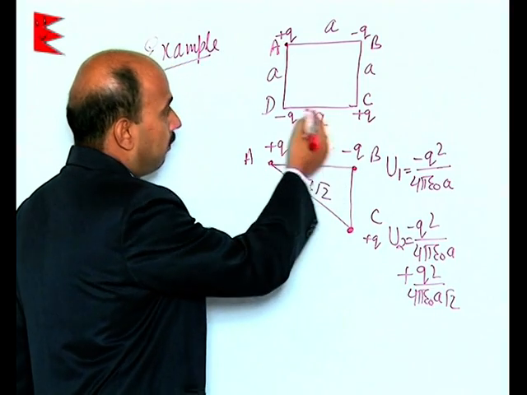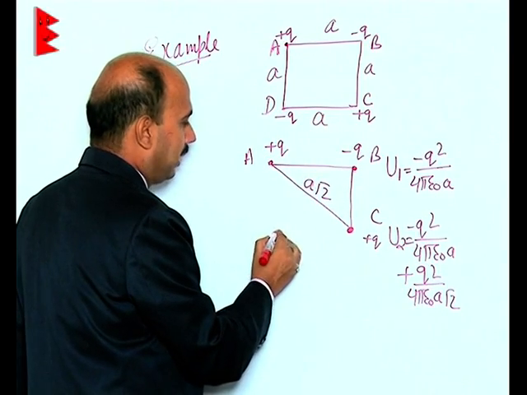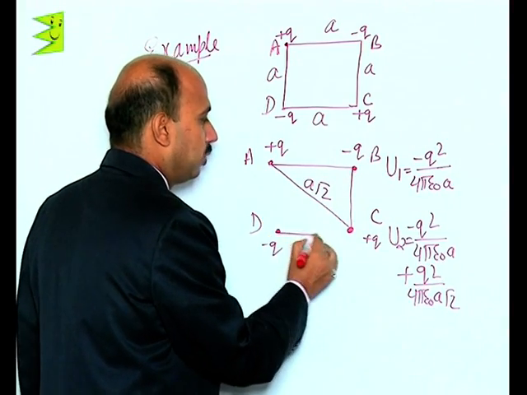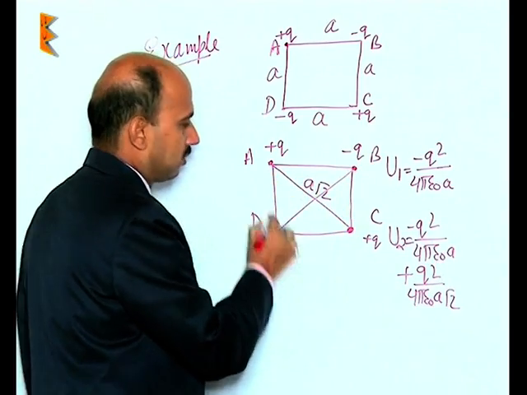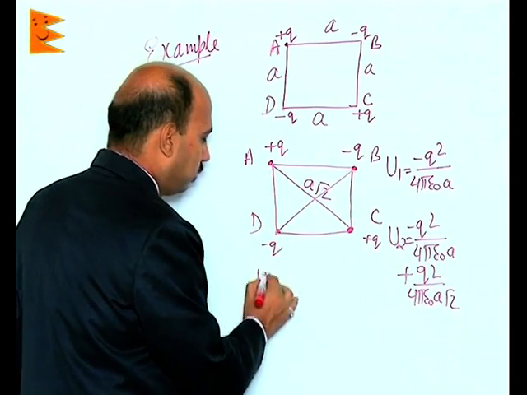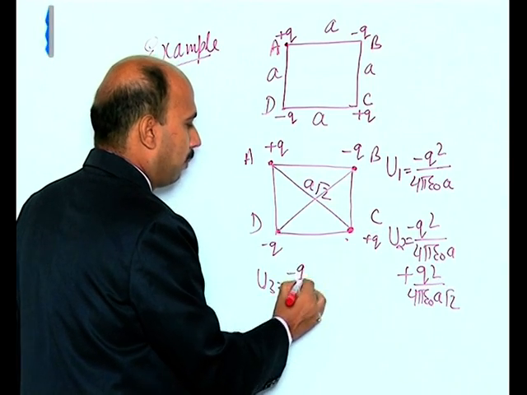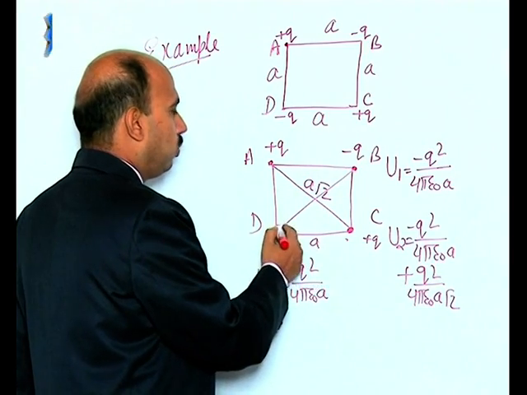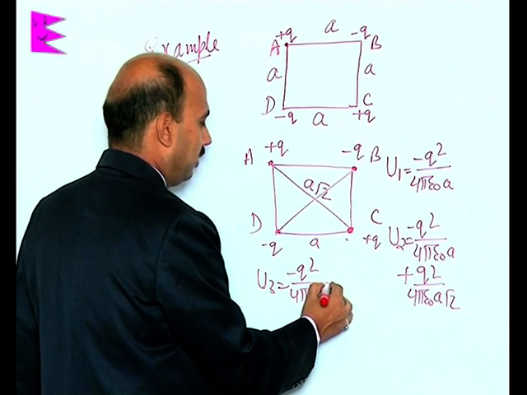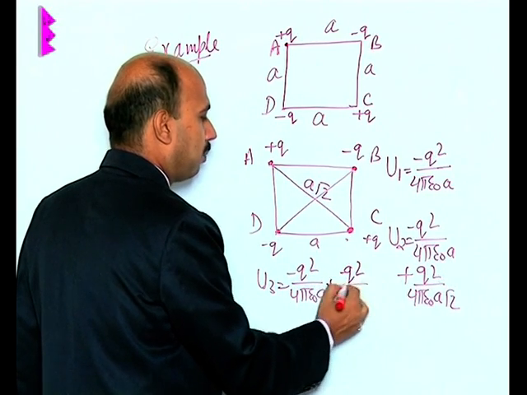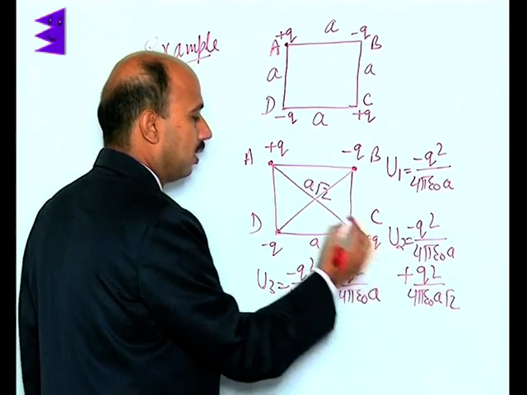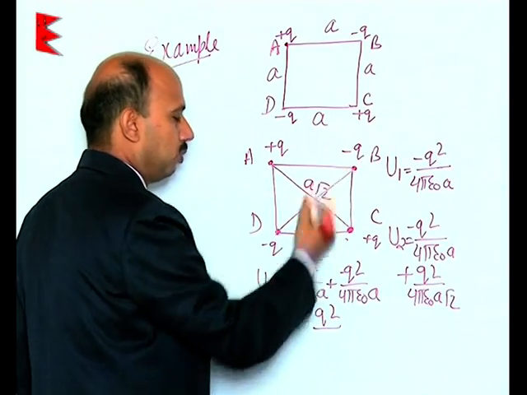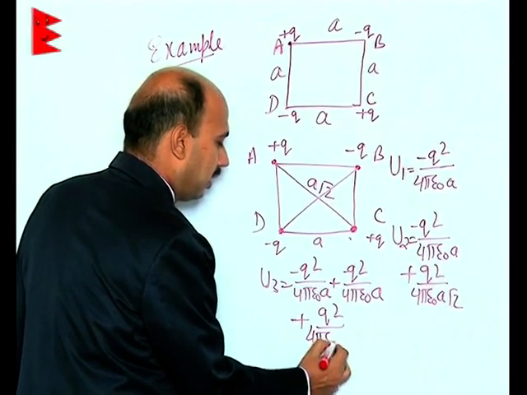Now, fourth charge minus q is brought to the point D over here. This charge has got potential energy due to this and due to this. So, this we can take as U3 is equal to, due to this it is minus q square upon 4 pi epsilon naught A because it is A, due to this also can be written minus q square upon 4 pi epsilon naught A, and due to this can be written plus q square, this minus q into minus q is plus here, upon 4 pi epsilon naught A root 2.